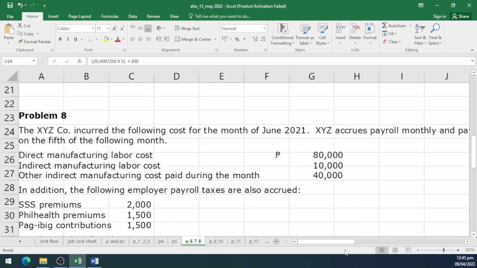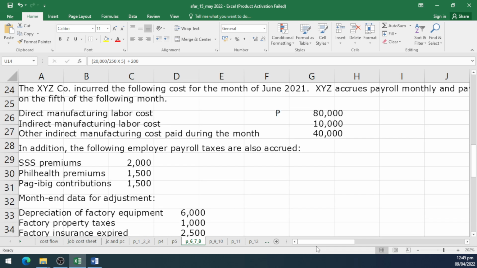the illustrative entries for labor and overhead. Ito po, Problem 8 ng ating AFAR 15 material. XYZ incurred the following costs for the month of June, and payroll is accrued monthly and paid on the 5th of the following month.